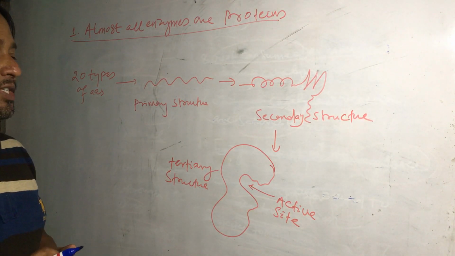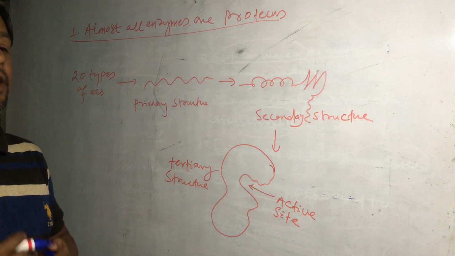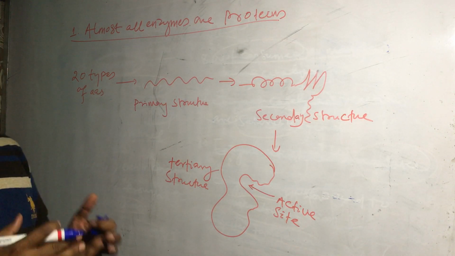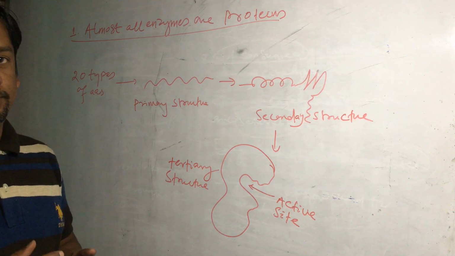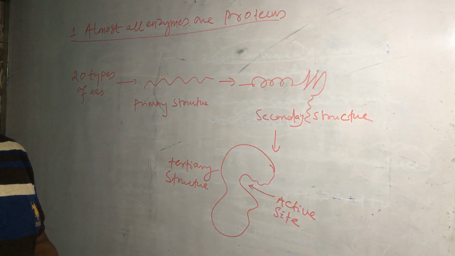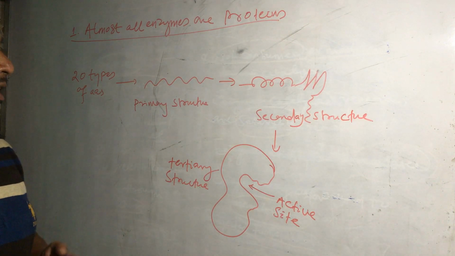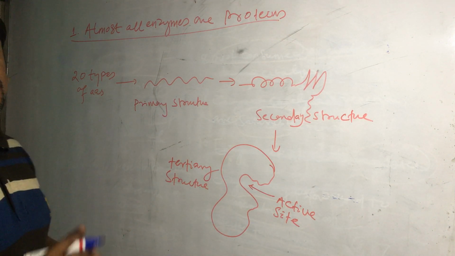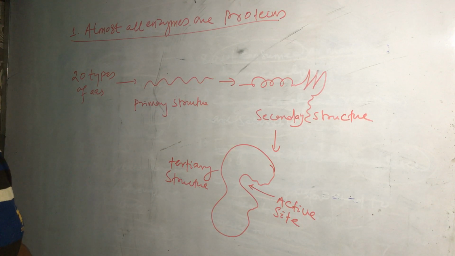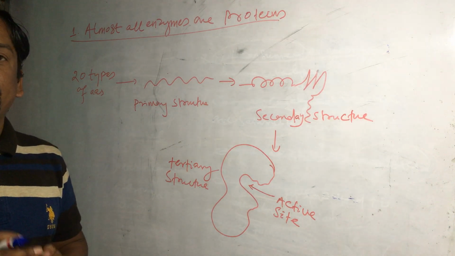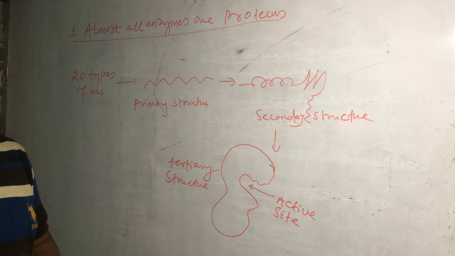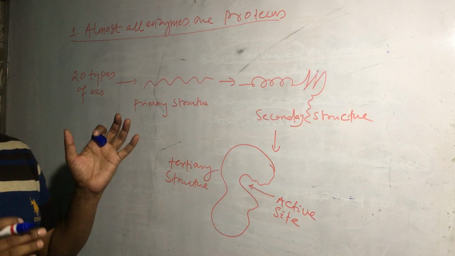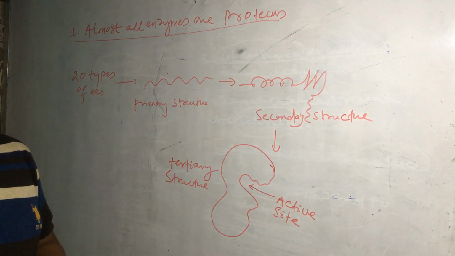After this, when cellular evolution progressed, DNA and proteins were synthesized, and DNA took over the function of genetic material, and proteins took over the function of catalysis. However, there are some RNA molecules which keep on catalyzing chemical reactions. These catalytic RNA molecules are called ribozymes.